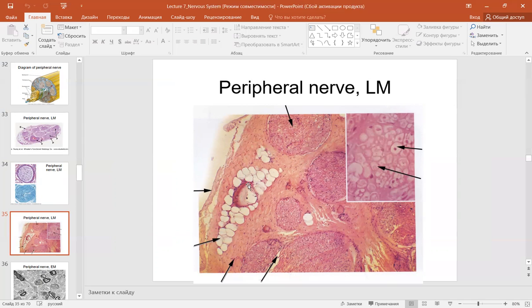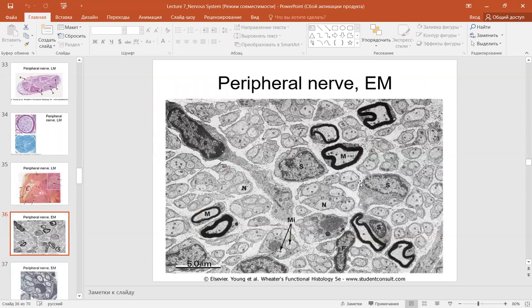Here you have the epineurium with adipose cells and a blood vessel inside, the perineurium, and the endoneurium coming inside the bundle of nerve fibers, and myelinated nerve fibers, which are depicted at higher magnification.